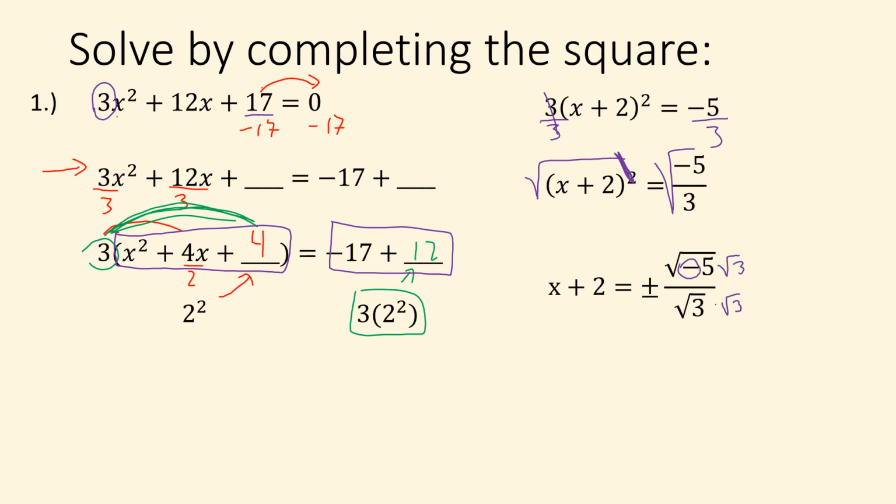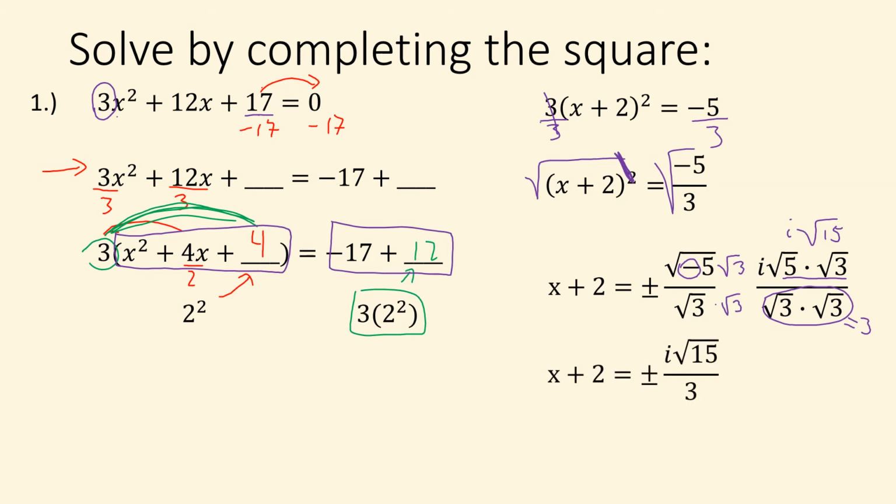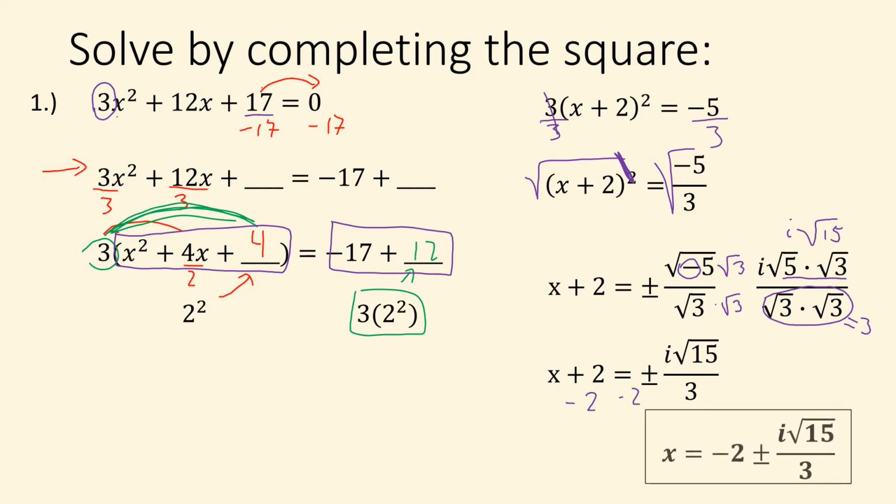We're going to have to pull that out as an i. Okay, so this bottom, two radical 3's, it's going to move outside, just turns into a 3 with no radical sign. Here, nothing matches up on the top. Radical 15, and the i is out front. Okay, so it looks like this. And then we have our last step, just move this 2 to the other side. So x equals negative 2 plus minus i radical 15 over 3.